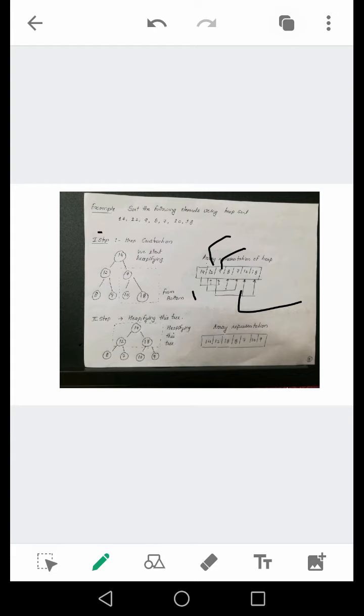After the heap construction, here in this heap the heapifying property is satisfied, which says that the parent node is greater than the child node. The next step is the maximum deletion. The root node has the highest value, so we delete the root node.